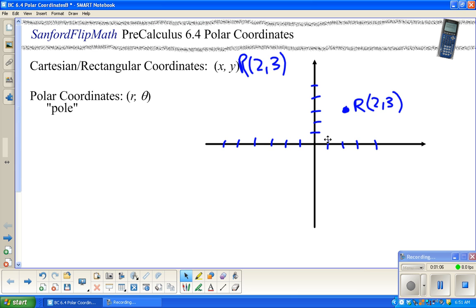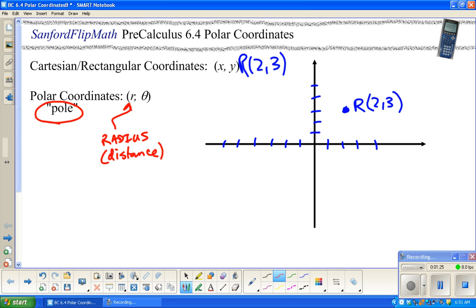Polar coordinates have a whole different setup. Instead of x being left and right and y being up and down, the first number is r, a radius or distance from the pole, and the pole is what we normally think of as (0, 0), the origin. Then you rotate an angle to find that location.